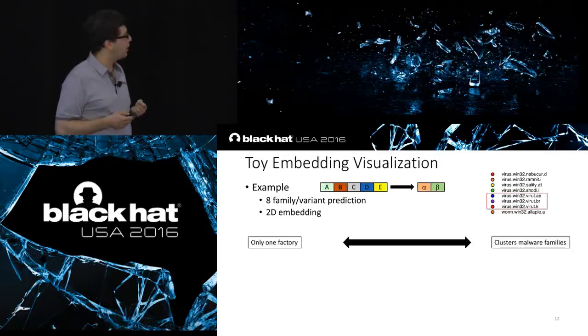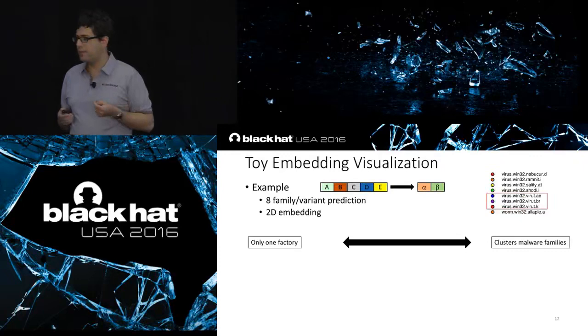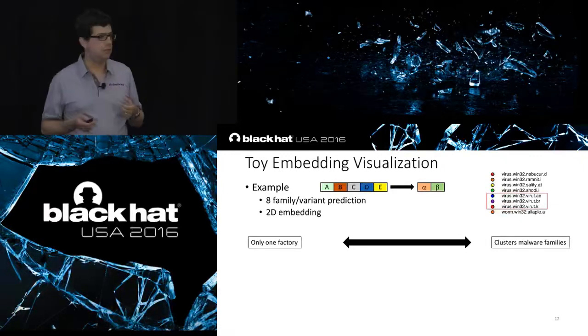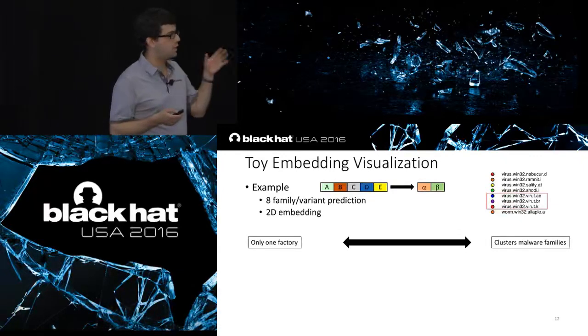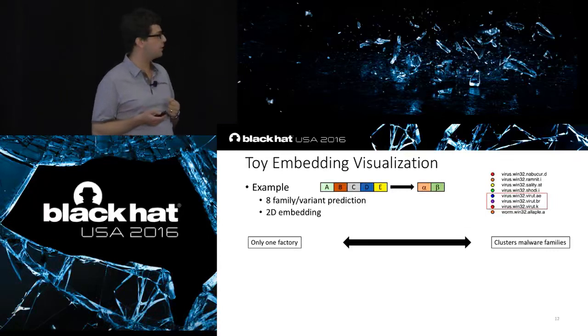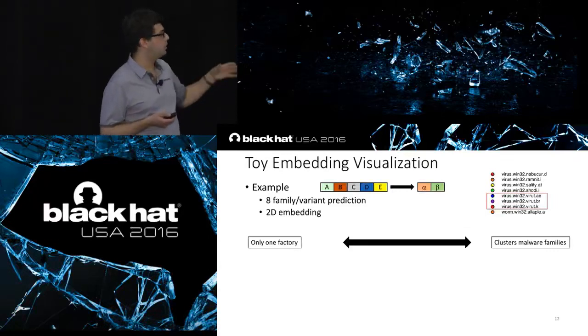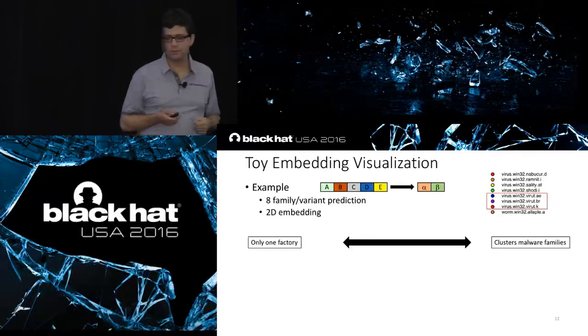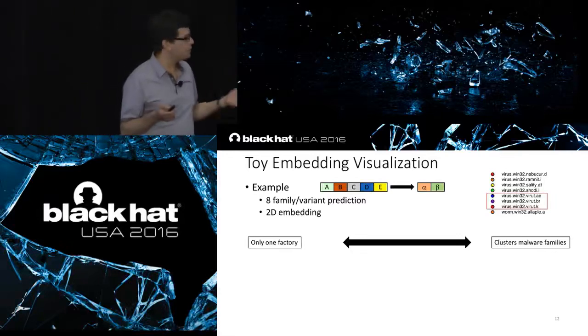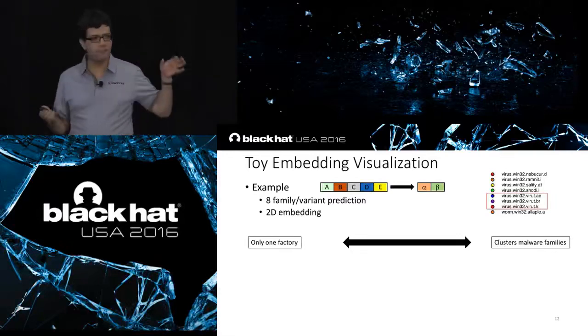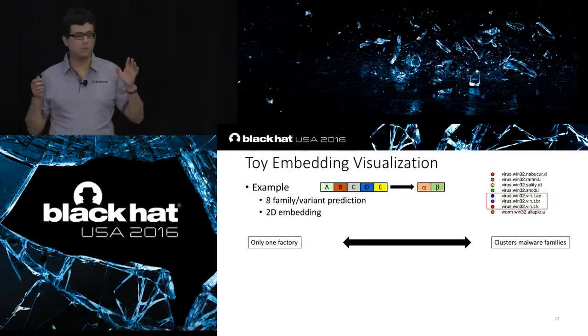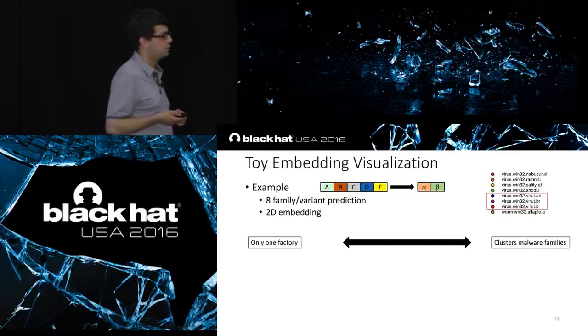Okay? And we can play around, right? We can say, well, what happens if you only care about the first part of the variational encoder? What if everything is one factory, right? And the alternative is, forget this one factory rule. Why don't we just concern ourselves with clustering, right?